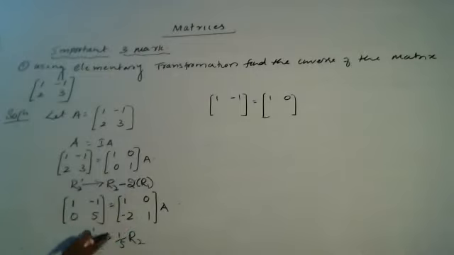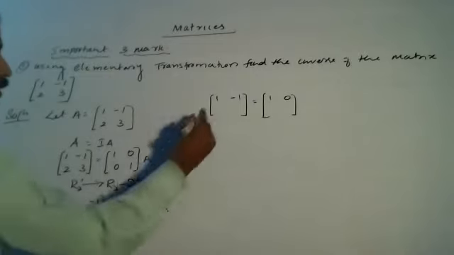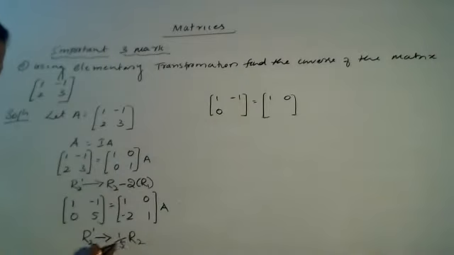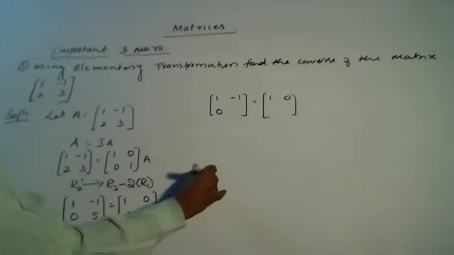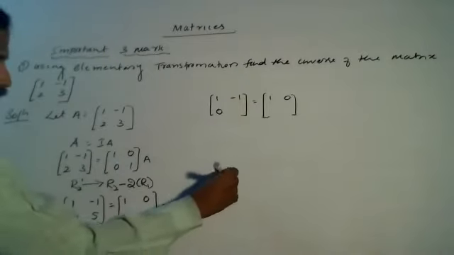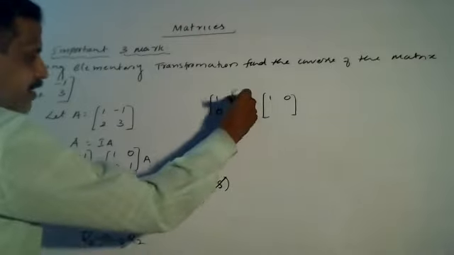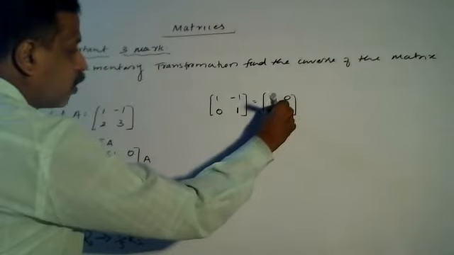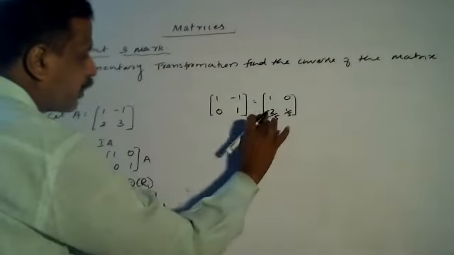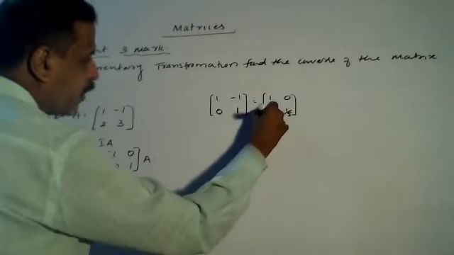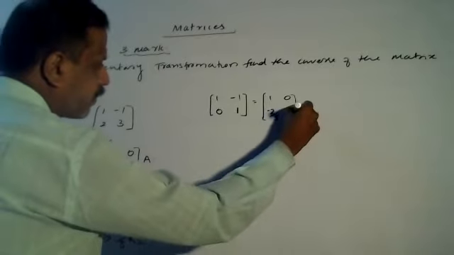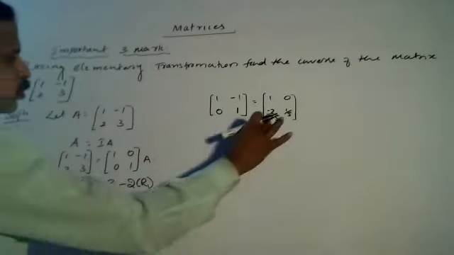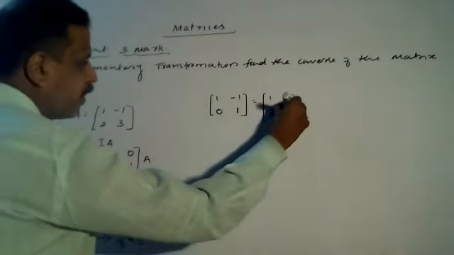So 1 by 5 into 0 is 0. 1 by 5 into 5, the 5 cancels, answer is 1. On the other side, -2 by 5 and 1 by 5.